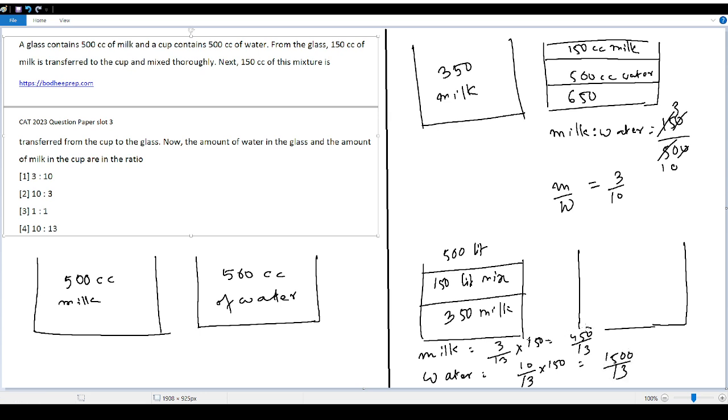Now this 450 by 13 liter of water is in this 150 liter of the mixture that came in, but there is still 350 liter of mixture present over here, right?